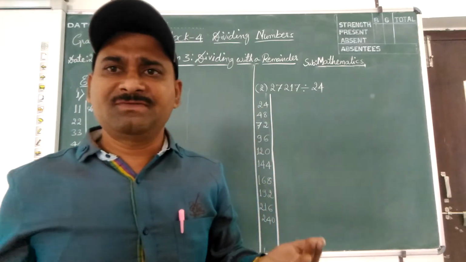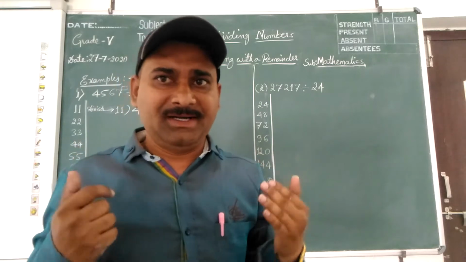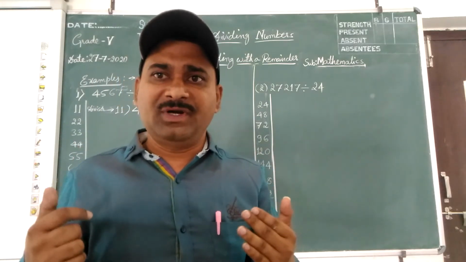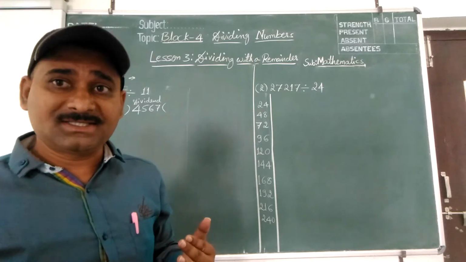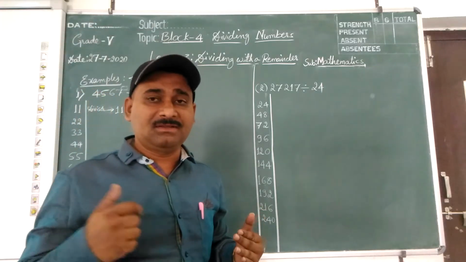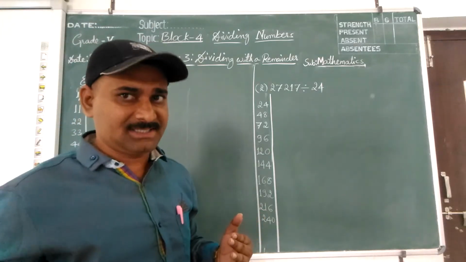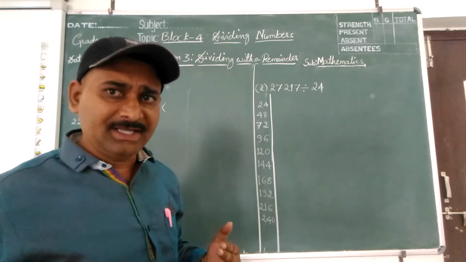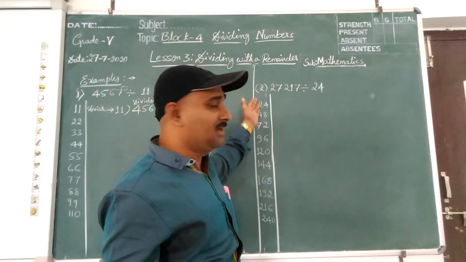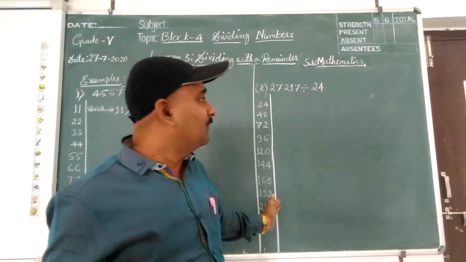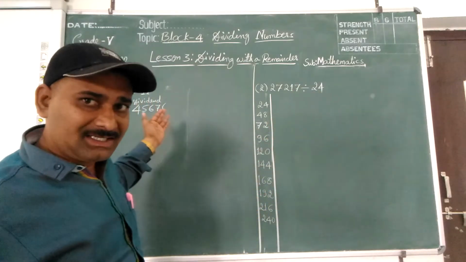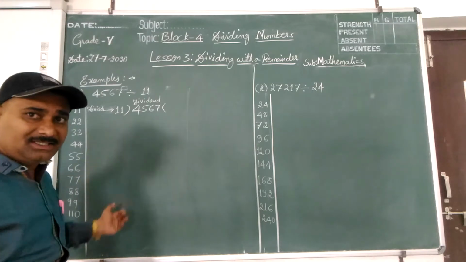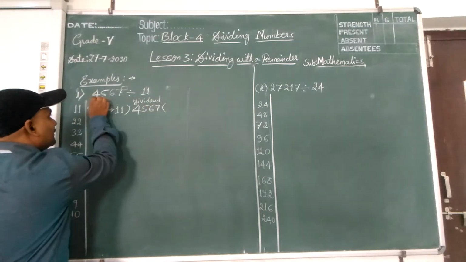We cannot keep all the tables in mind. Maximum 20, 25 tables we will keep in mind. In your lessons, divided by 27, 30, 35, 36, like that is given. So better prepare a table based on the question. Then after preparing the table, start dividing like this.